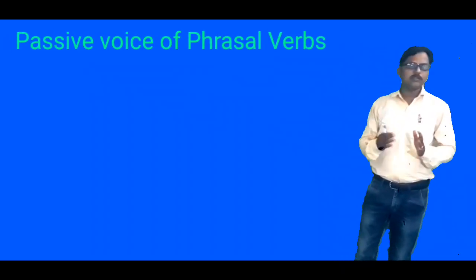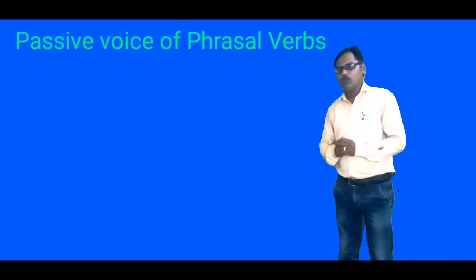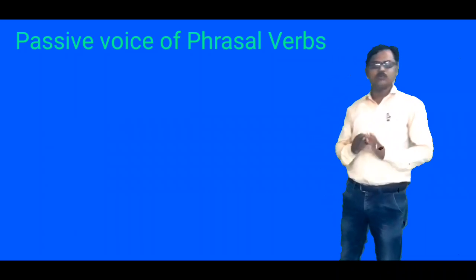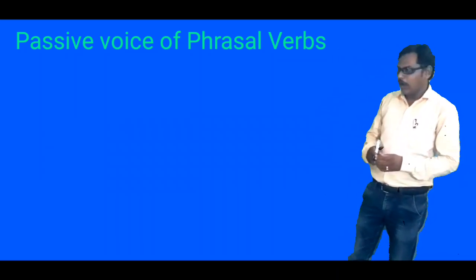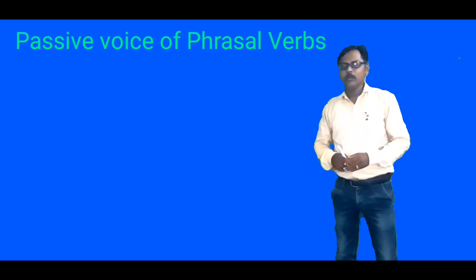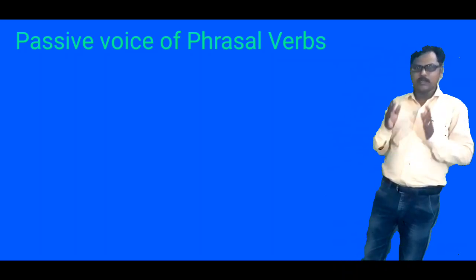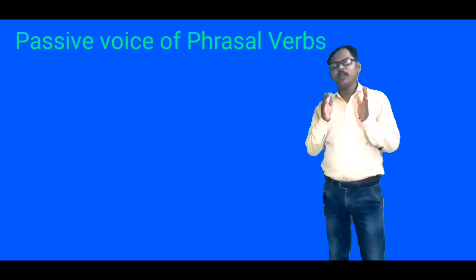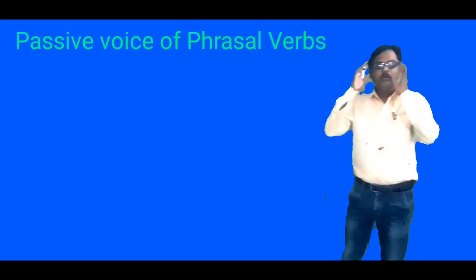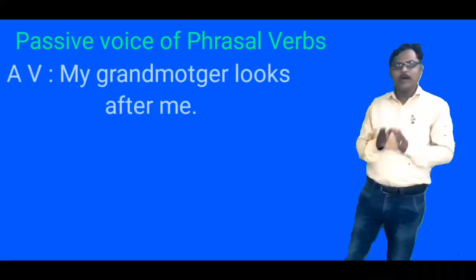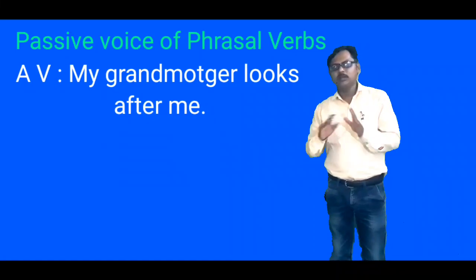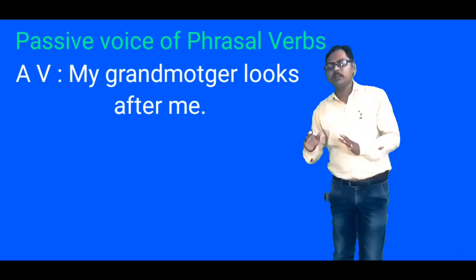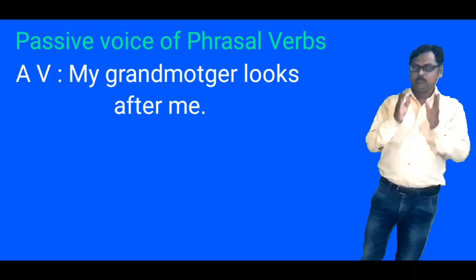Now the other kind of sentence is the one with a phrasal verb. When phrasal verbs are used in active sentences, how can we change them? It's very simple. The phrasal verb used in the construction, we use the same, and we only have to change the verb into the past participle, with no other changes to any other words in the sentence.